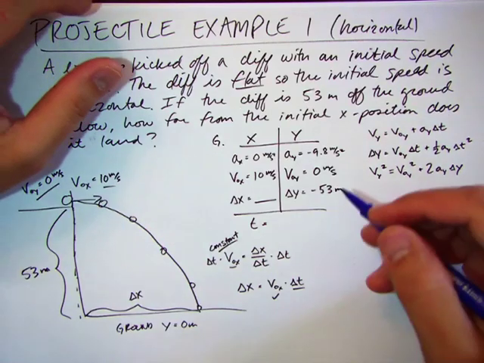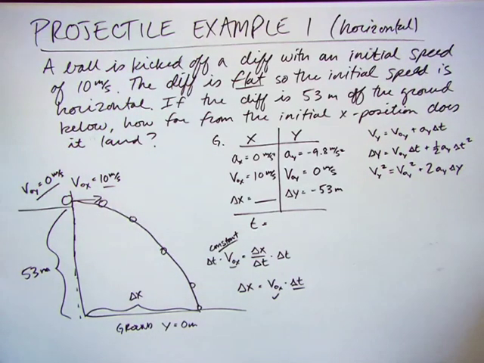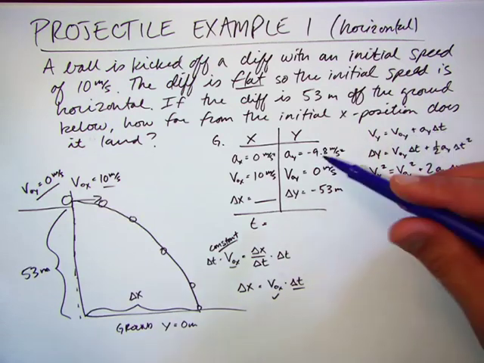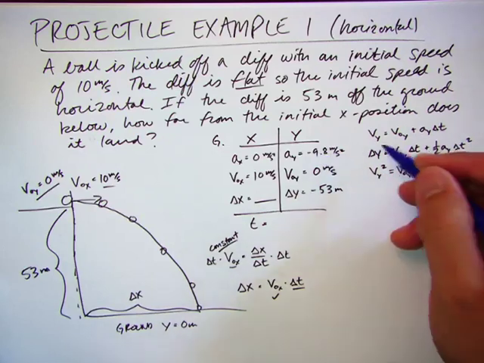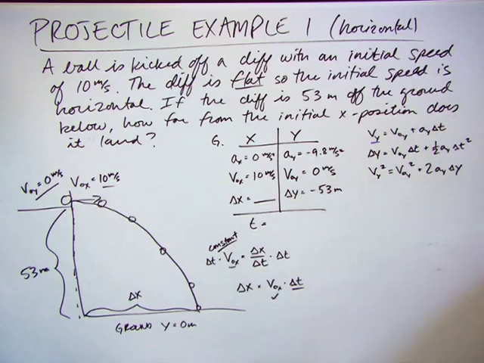So how do I find time with my delta y information? Well, let's look at my equations, right? If I want to find time, I can either use the first or the second equation. The first, I need the final velocity in the y, the initial, and a. Well, I don't have final velocity in the y, so I would need to find that first. So let's look at the second.